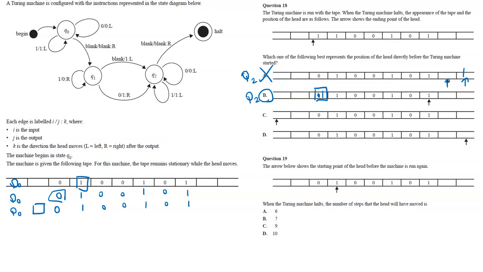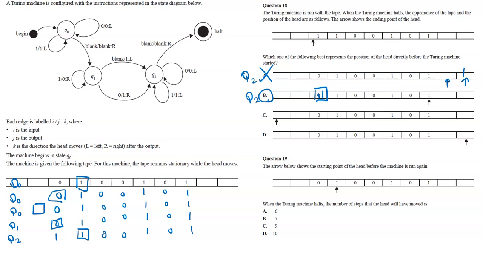We're at blank, so we move right into state Q1. That's a 0, 1, 0. In Q1, if we see a 0, we turn it into a 1 and we move to the right and transition into Q2. 0, 0, 1, 0, 1.